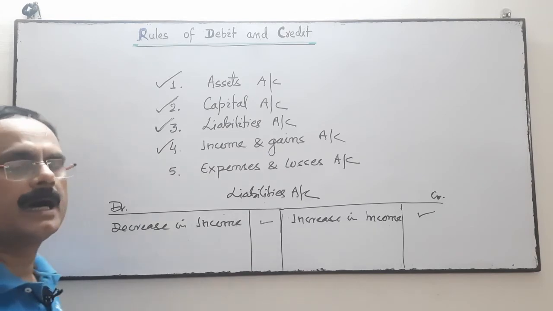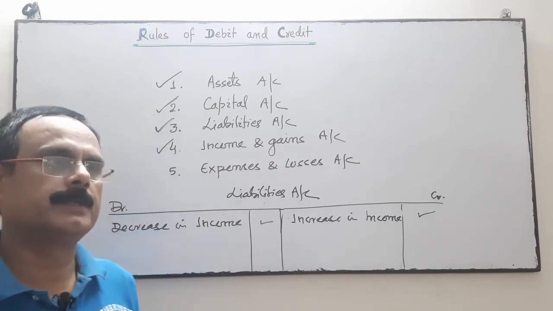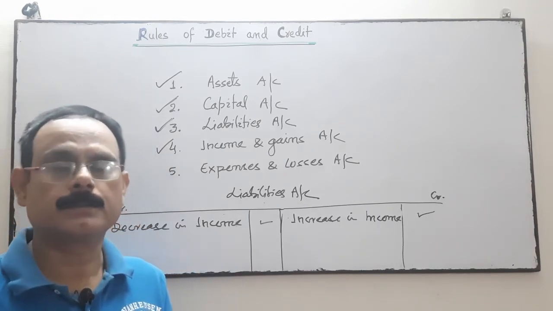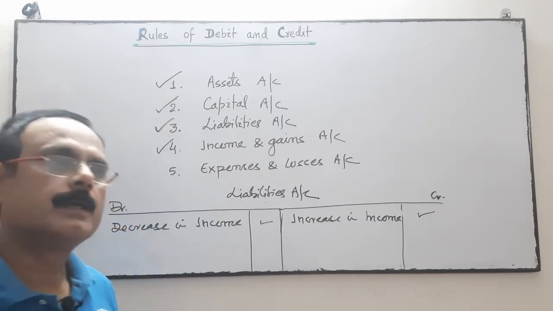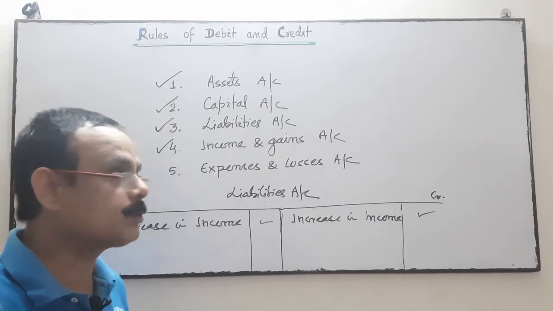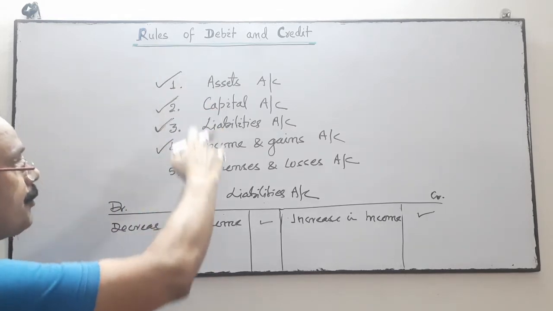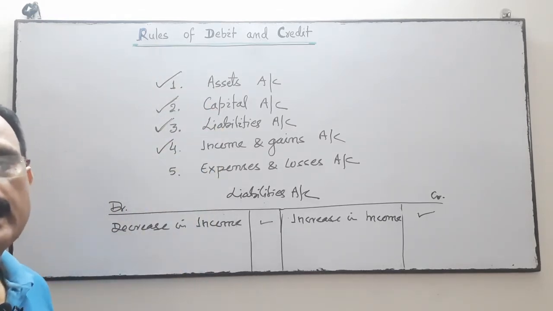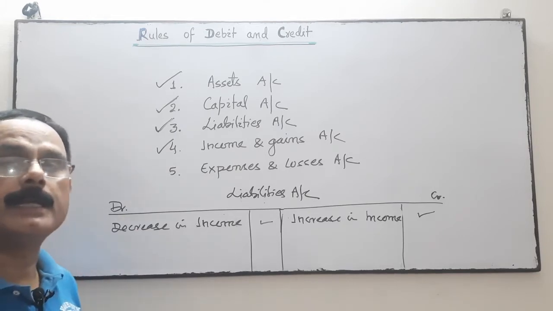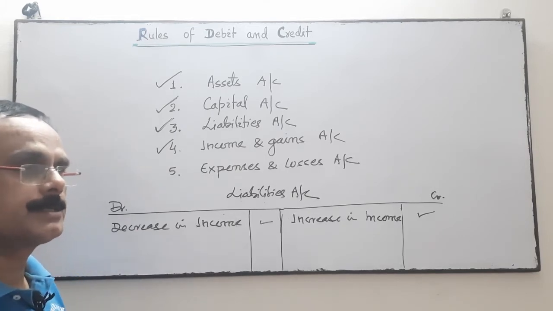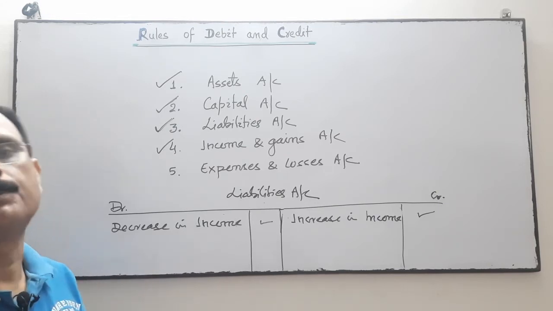These rules are developed in the modern approach, developed in America. These rules of classification of accounts, and accordingly the debit and credit rules, were developed in America, and it is the modern approach of accounting.